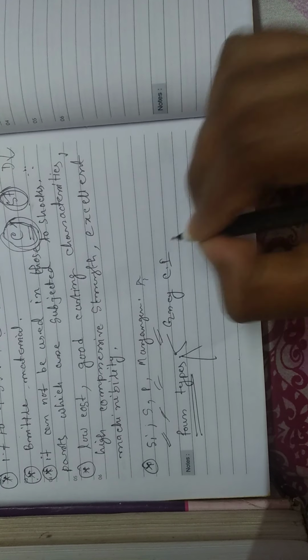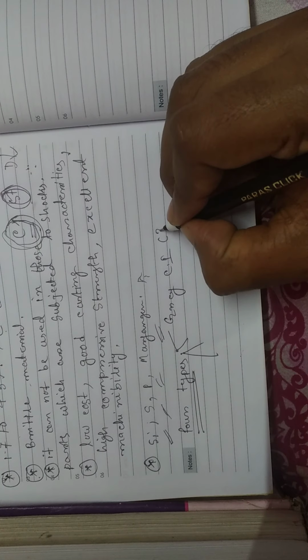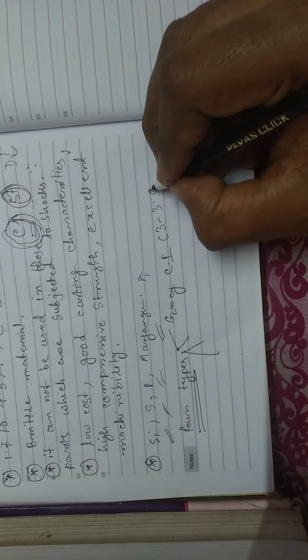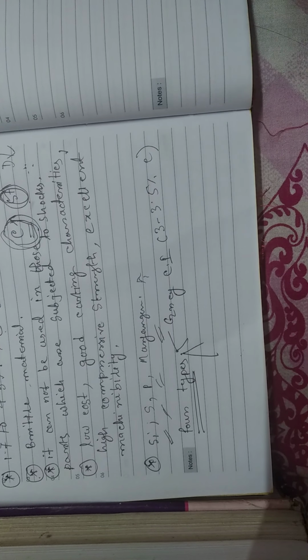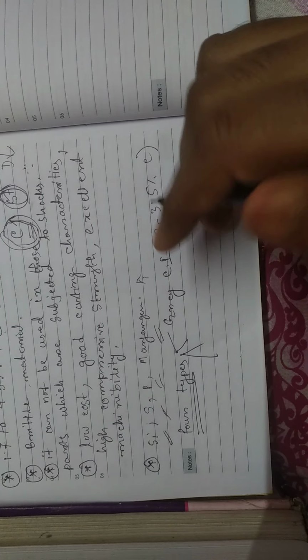Gray cast iron is ordinarily commercial iron having a carbon percentage of 3 to 3.5%. The gray color is due to the fact that the carbon is present in the form of free graphite.